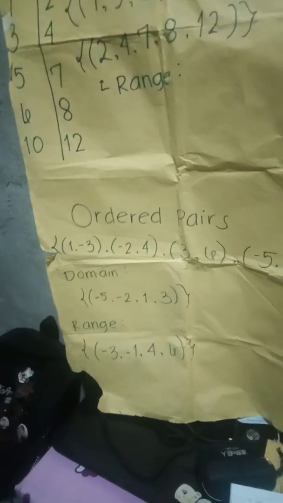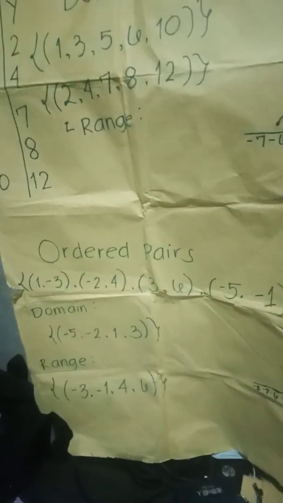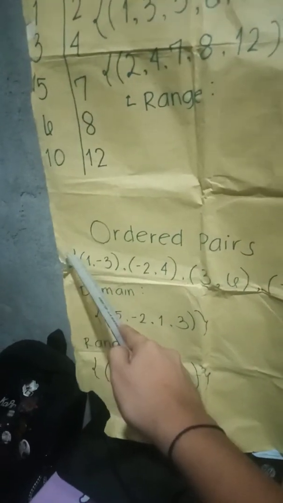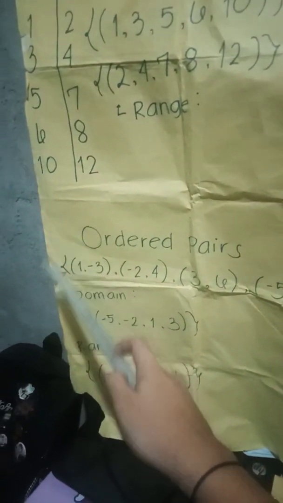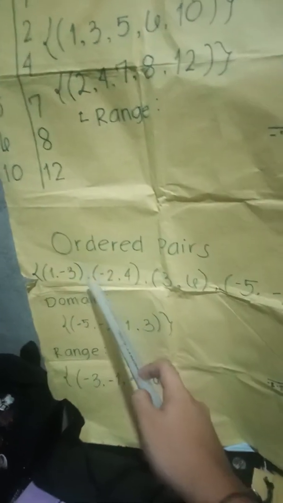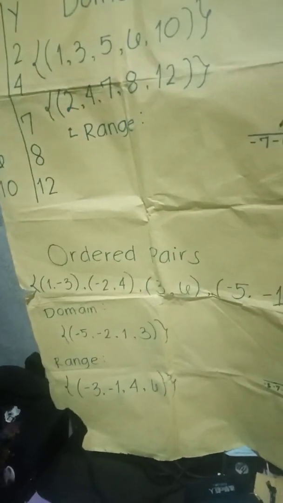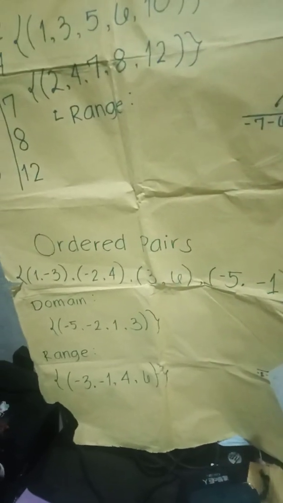So on these numbers, where is the domain? Our domain numbers here are the first numbers. So the first numbers are 1, -2, 3, and -5. All you need to do is arrange them just like in this example.